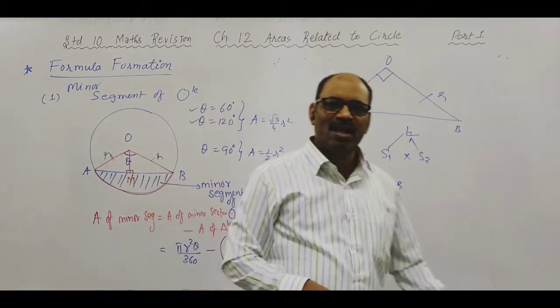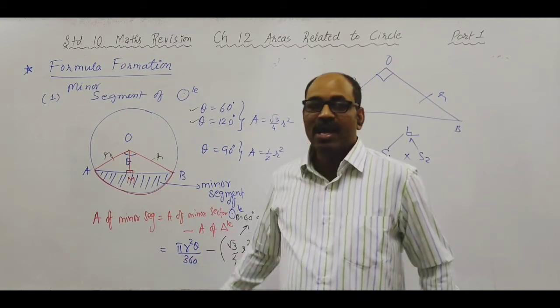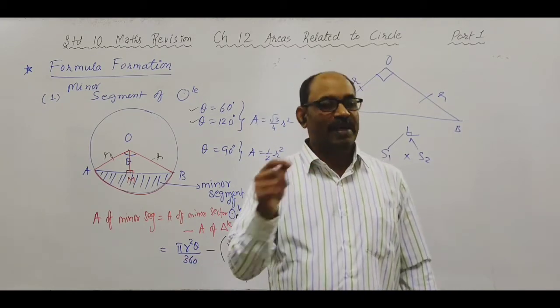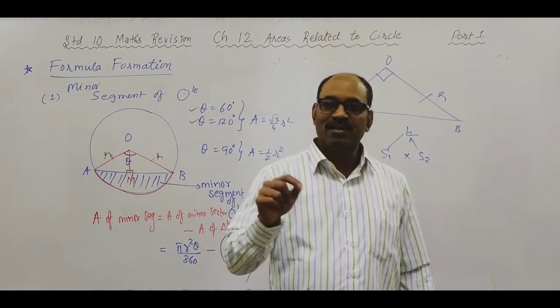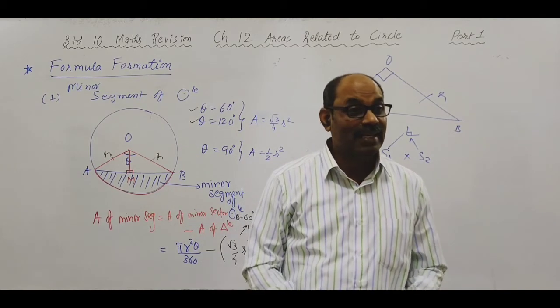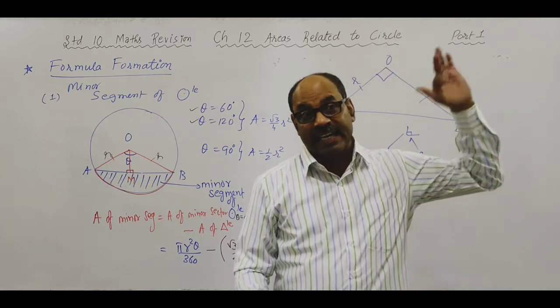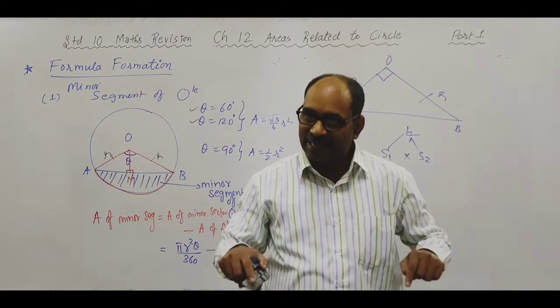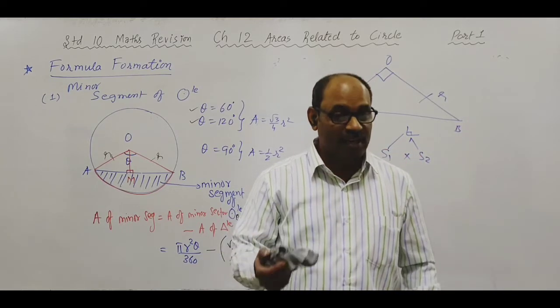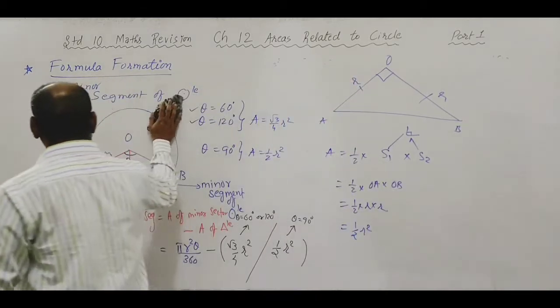First you find the area of minor segment using this trick, and then area of major segment is equal to area of circle minus area of minor segment. Same way, if you have to find the area of major sector, then area of circle minus area of minor sector. Let's see both.